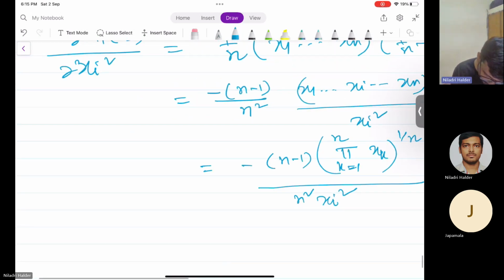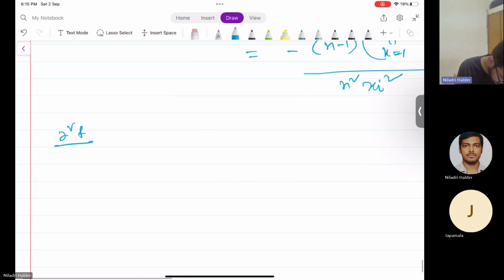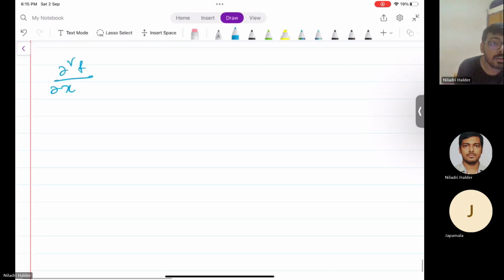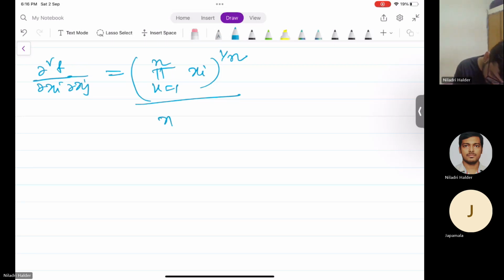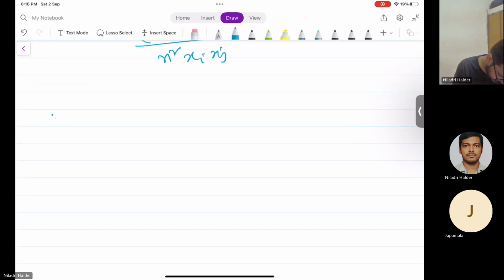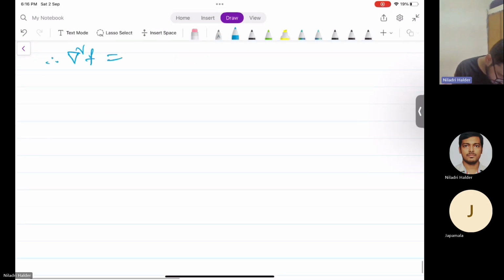Okay, so now similarly, if I find out del square f by del xi del xj, it is equal to, n square. So what the Hessian should be is negative semidefinite.